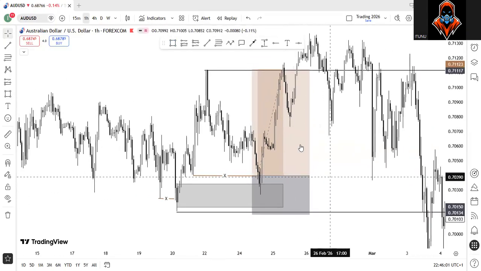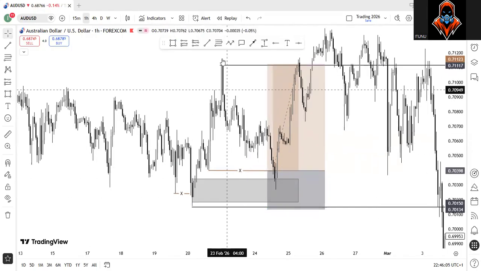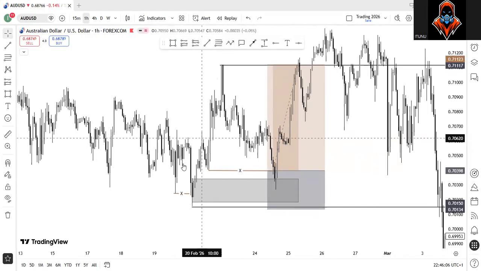So this is a 2.7 hour. This is a type 2 setup.